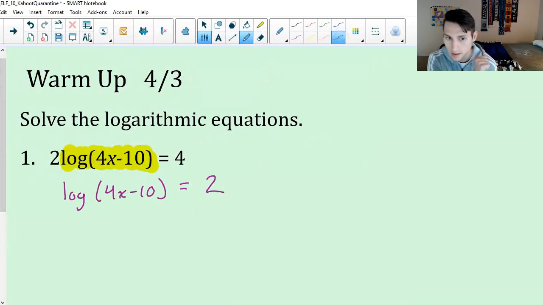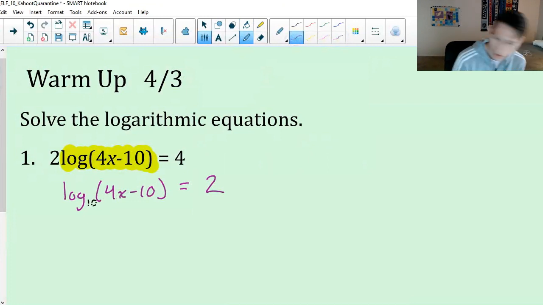There's nothing written there. But that's a common logarithm, so we hopefully remember that common logarithm actually means base 10. Now, we don't write the base 10. We just understand that if we see a logarithm with no base, it means base 10. So let's instead use an exponential base 10.